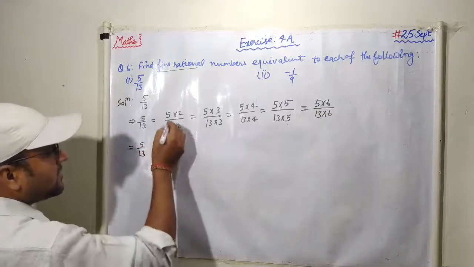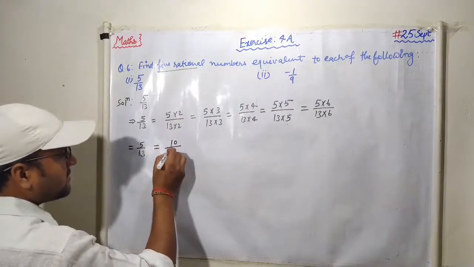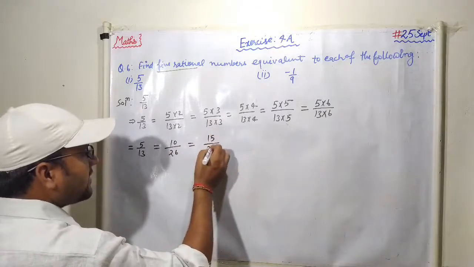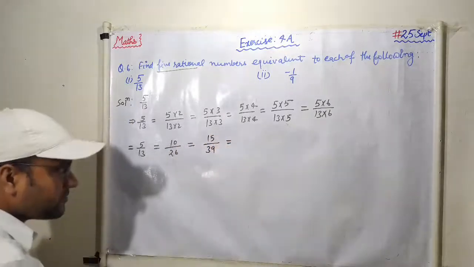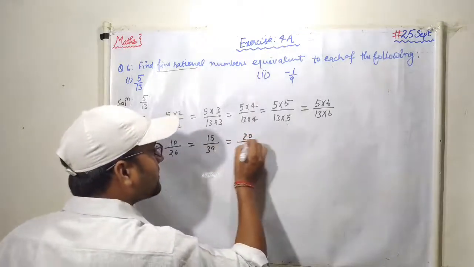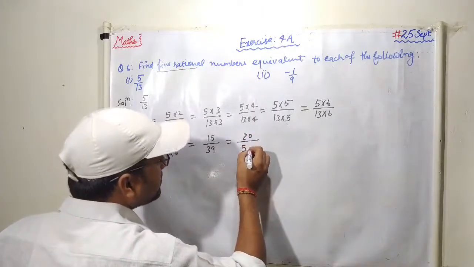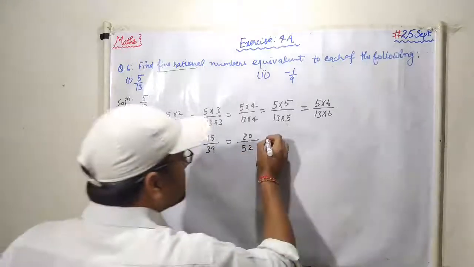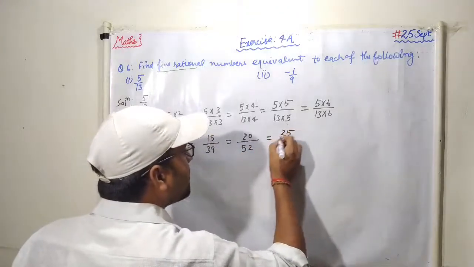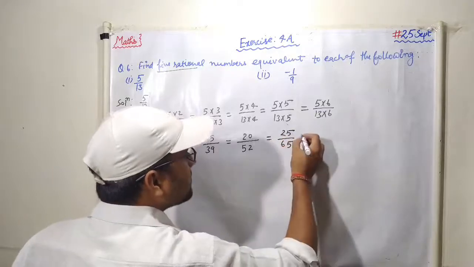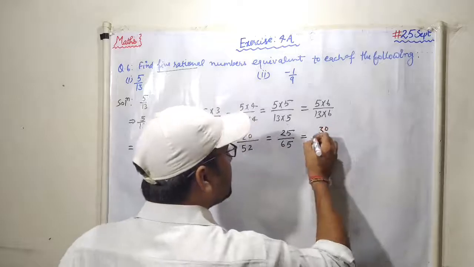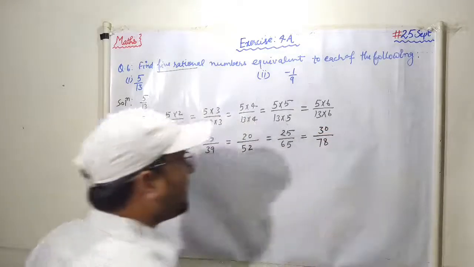Then we get 5 2s are 10, 13 2s are 26; 5 3s are 15, 13 3s are 39; 5 4s are 20, 13 4s are 52; 25 upon 65; 30 upon 78.